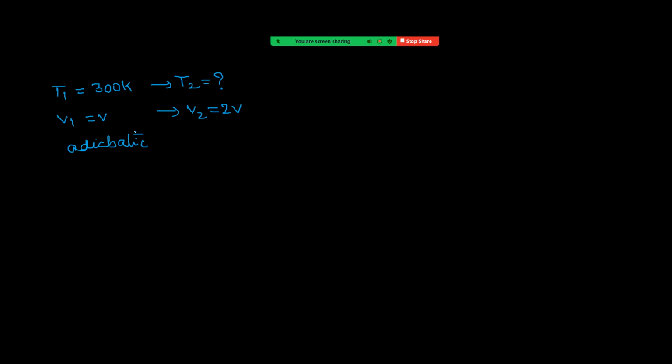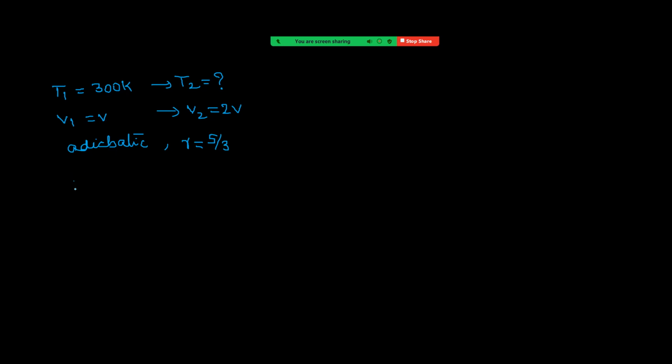Process is adiabatic, and given it is a monoatomic gas. Mono means gamma equal to 5 by 3. Right, finding T means we need the relation between temperature and volume.